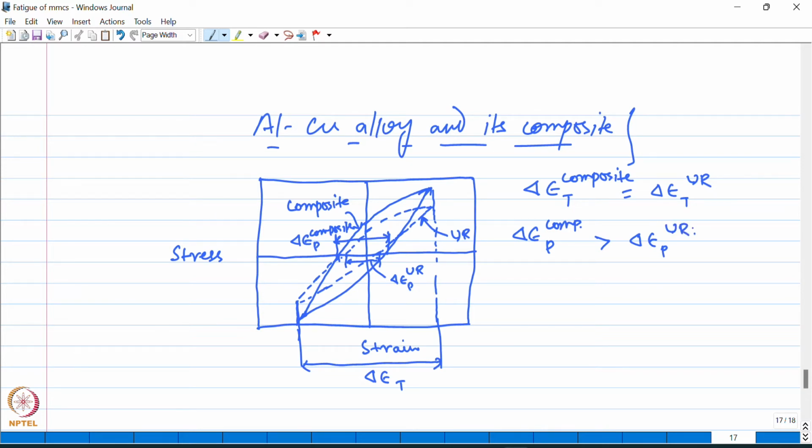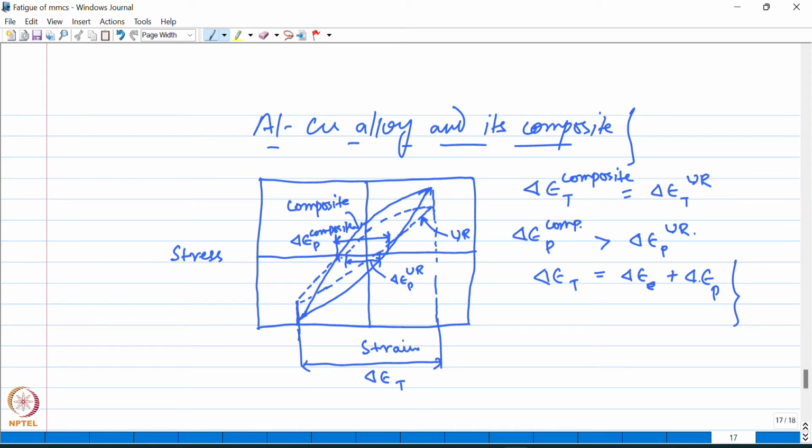Okay. And therefore, according to this particular equation of strain life behavior, if the elastic strain is less in the composite due to its higher elastic modulus, the plastic strain has to be higher.